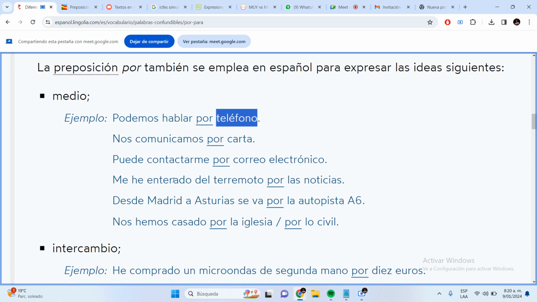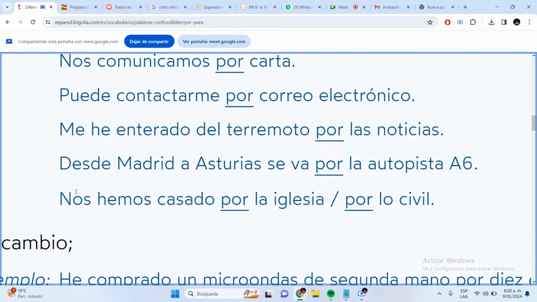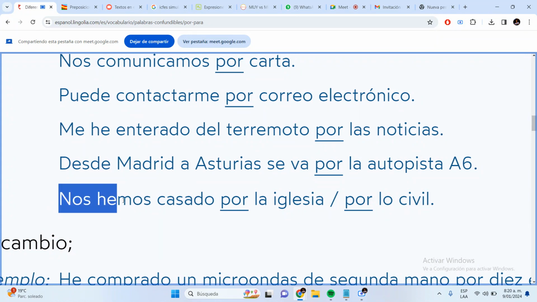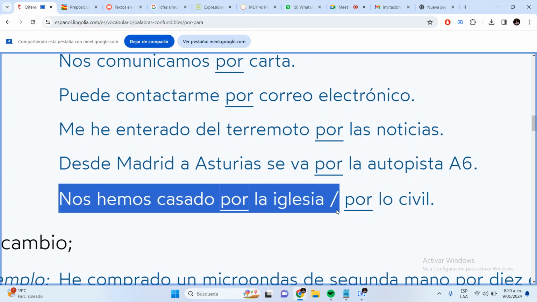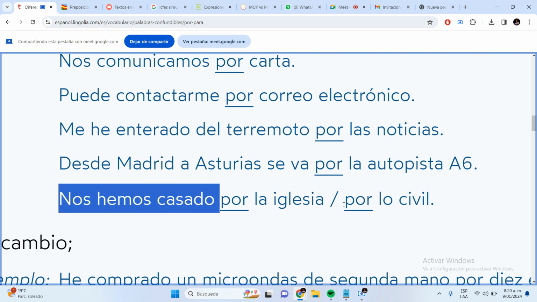Another example of using por is when you get married, you can do it in the church, or you can do it in the, I don't know what's the name of it. Simple. Yeah. So you're going to use por to say that nos hemos casado por la iglesia or nos hemos casado por lo civil.